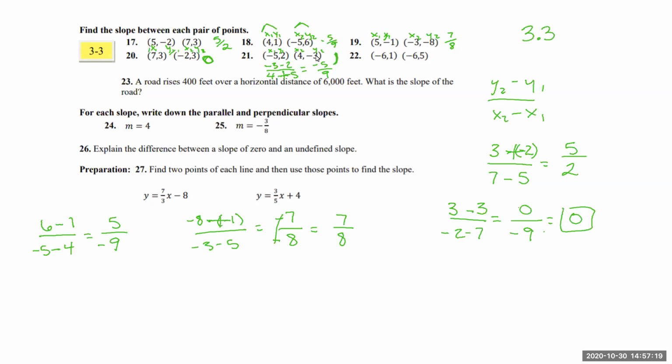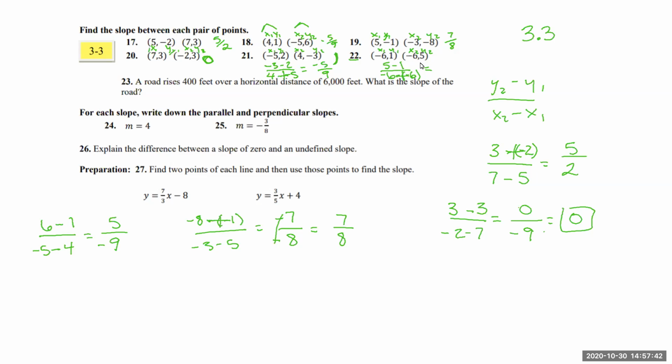Okay, so then going on to number 22, we have x1, y1, x2, y2. So then what we're going to do is we're going to have a 5 minus 1 on top and a negative 6 minus negative 6 on bottom, which that's just going to be a plus.